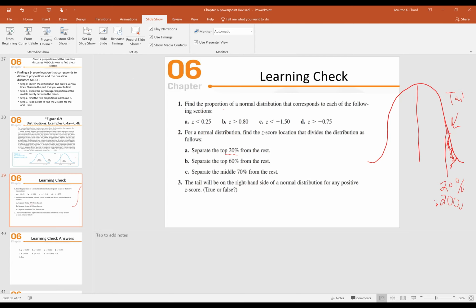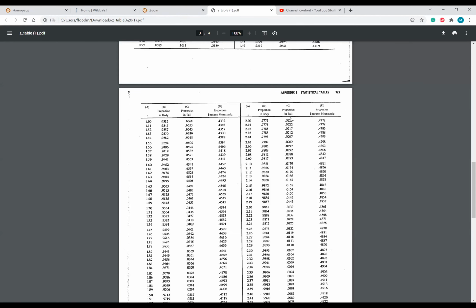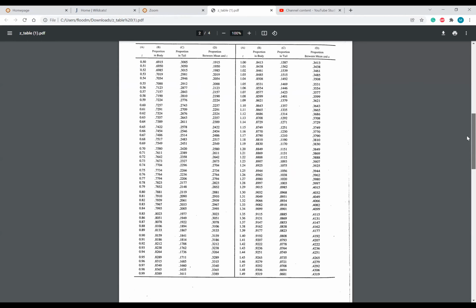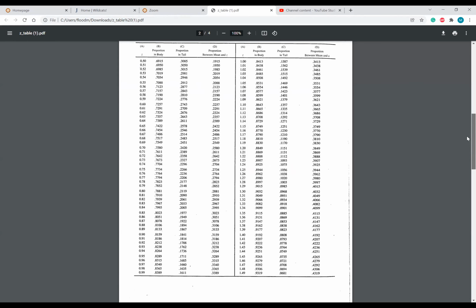All right, so now we're in column C, and we're going to find the number that is closest to 0.2000. Okay, so in column C right here, we're going down 2, 2, 2, 2. The number that is closest to 0.2000 is 0.2005.